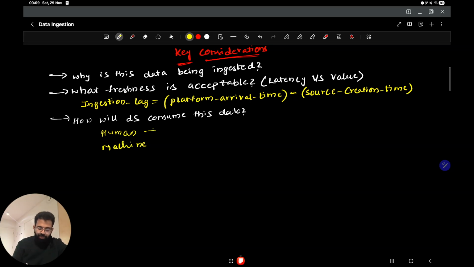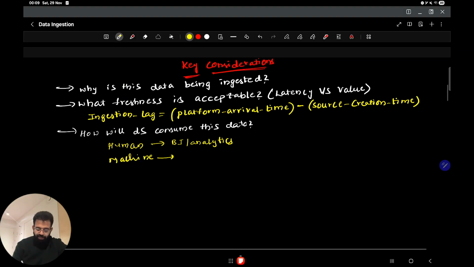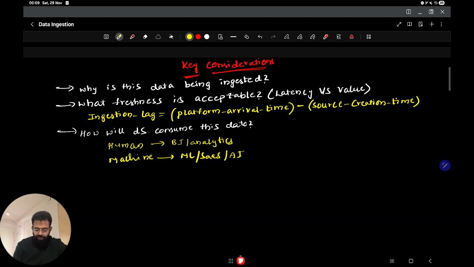When I say human, I mean whether it is a BI or analytics team or stuff like that. And whenever I say machine, I mean a machine learning model or some SaaS application or AI models and stuff like that.